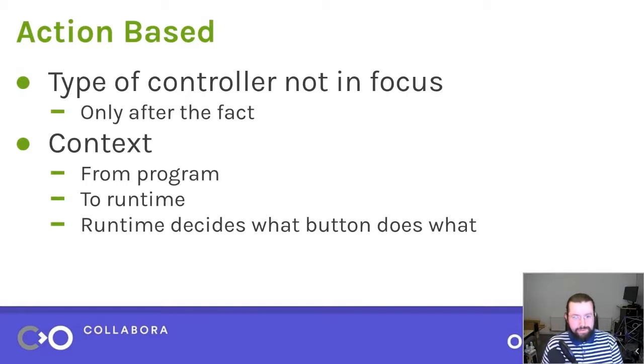That makes it hard to add new types of controllers, which resulted in the past in basically every controller now looking like the Xbox controller, because that's the controller that most games were written for.